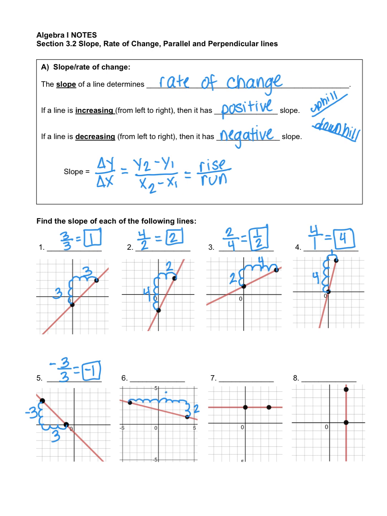So our run is 8. Notice we went to the left. Because we went to the left, that makes this a negative. So our rise is 2 over our run, which is -8, and we have to simplify to -1 over 4. So our slope is -1 over 4.